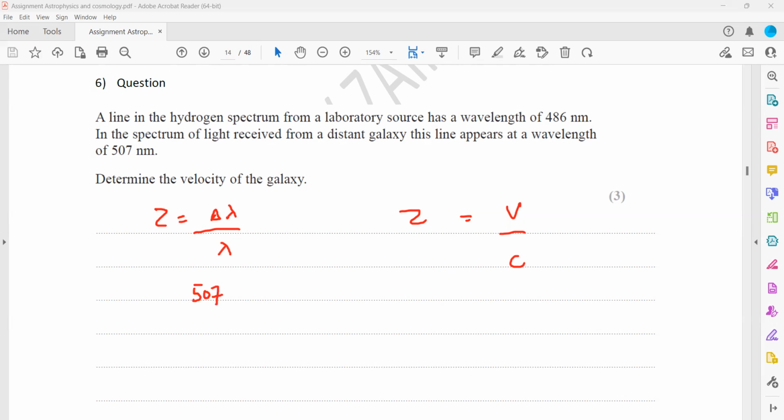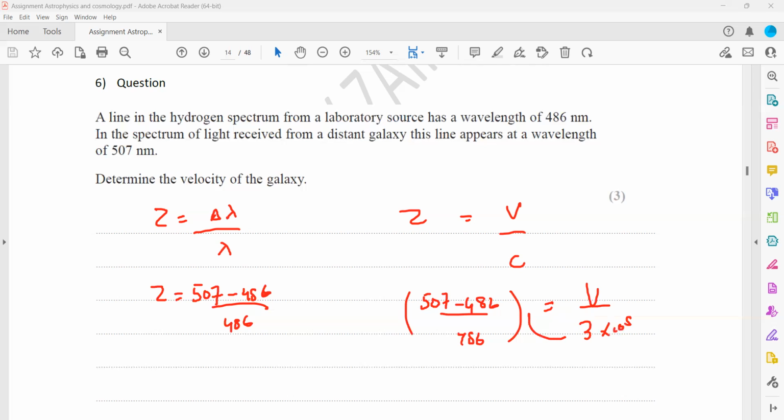Change in wavelength, 507 minus 486, divided by the original wavelength 486. This will give us the Doppler shift. After getting the Doppler shift, multiply it by the speed of light, which is 3 into 10 to the power 8.